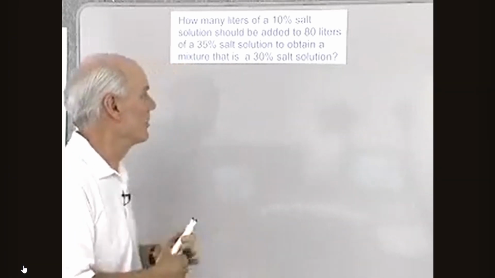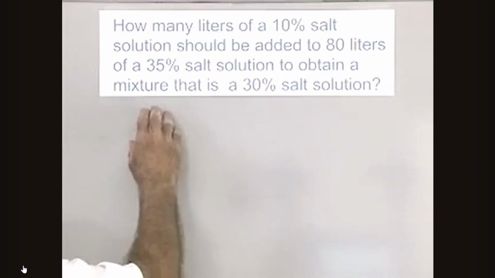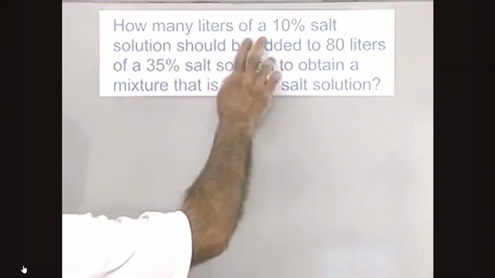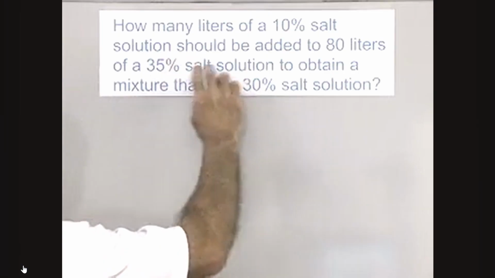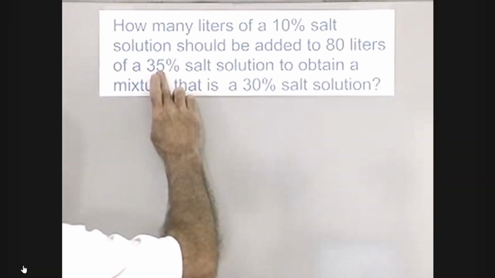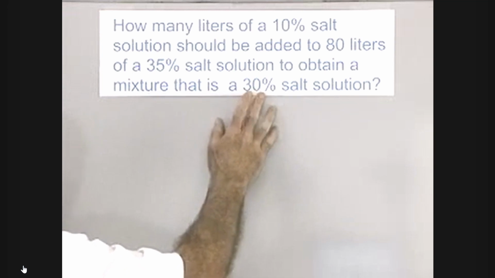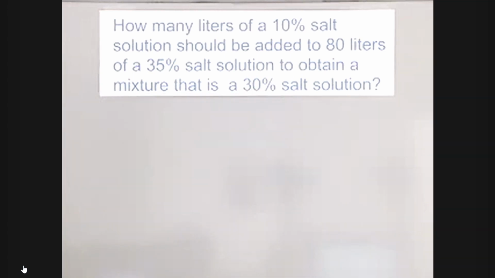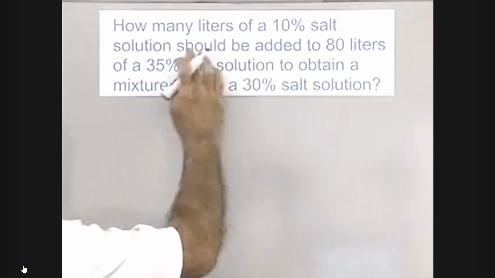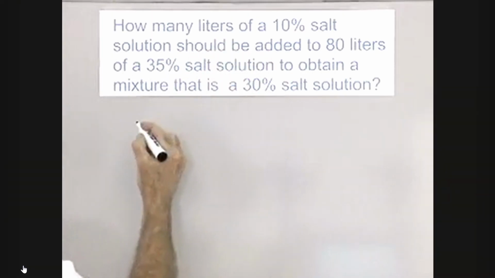So let's read the problem again here and see what's asked for. We want to know how many liters of 10% salt solution should be added to 80 liters that's 35% salt to obtain a mixture that's 30% salt. So we're asking how many liters of 10% salt solution should be added, so that's what we need to find.